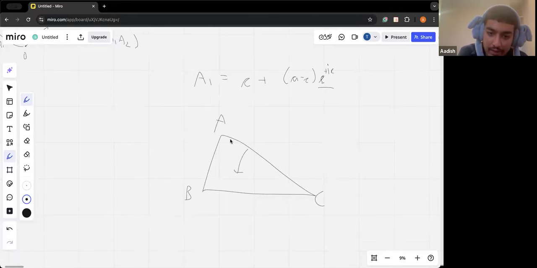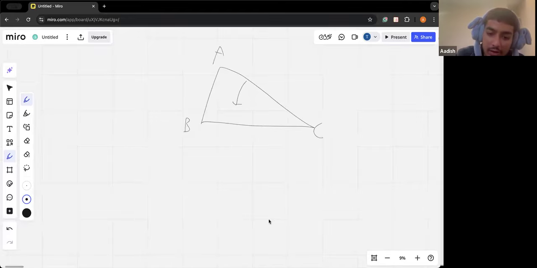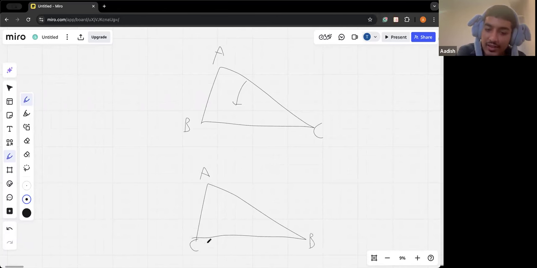But let's make the triangle look less isosceles. It still looks isosceles. All triangles look isosceles. Aha, this is how we fix it. We take this to be B, and now we have to rotate AC to be here. And this is clearly not isosceles.